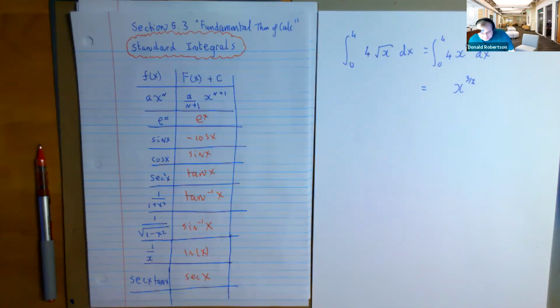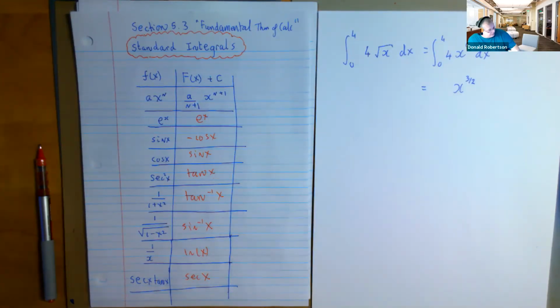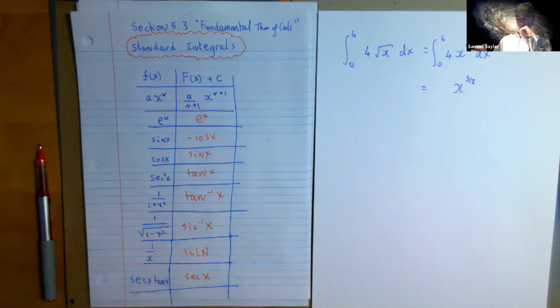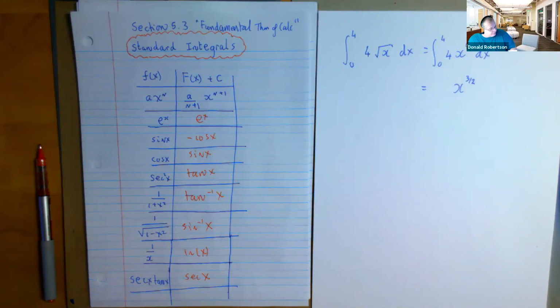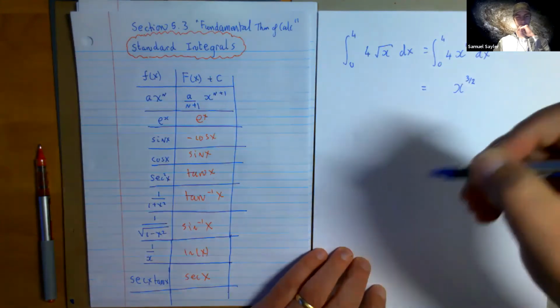Top-heavy fraction, 3/2. You add 1 to the power and then you divide by it. How do you divide by 3/2? What's another way of dividing by 3/2? Multiplying by 2/3.